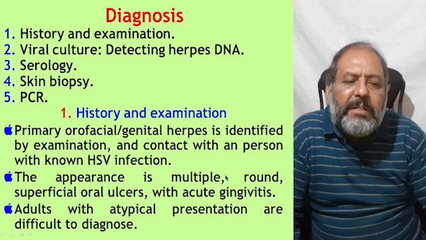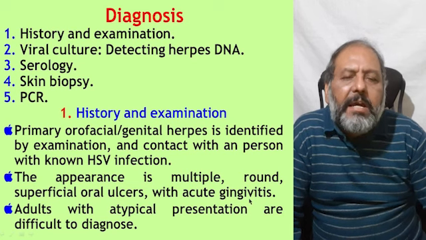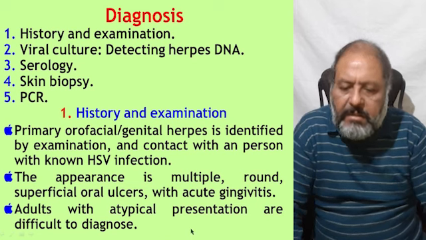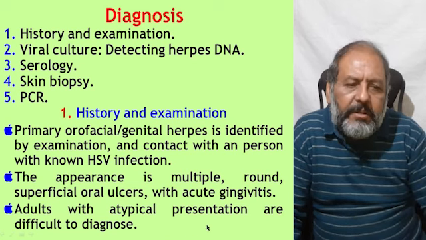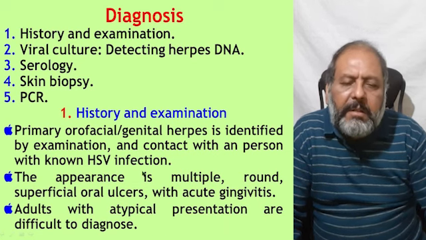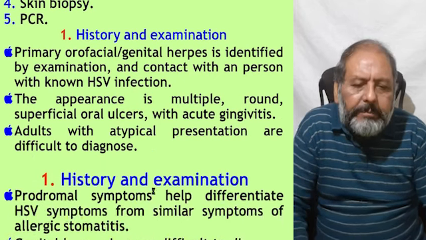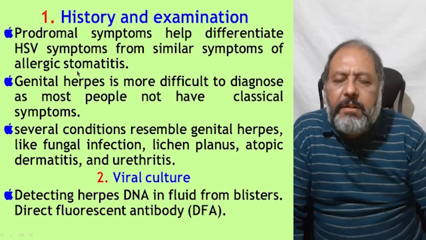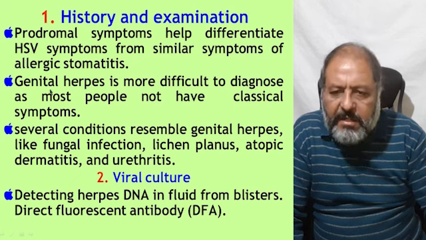The appearance is multiple round superficial oral ulcers with acute gingivitis, and adults with atypical presentation are difficult to diagnose, and it is only possible when someone is having typical or classical symptoms. Prodromal symptoms help differentiate HSV symptoms from the similar symptoms of allergic stomatitis.